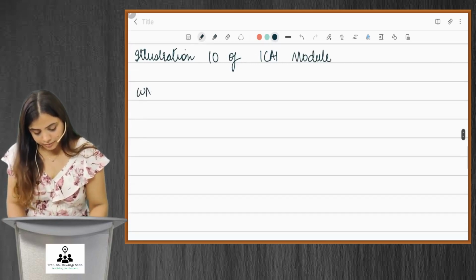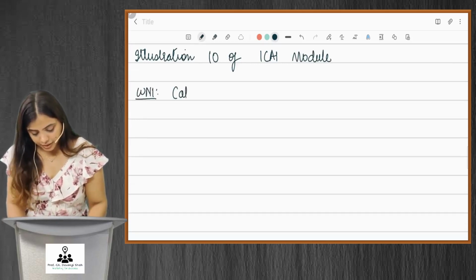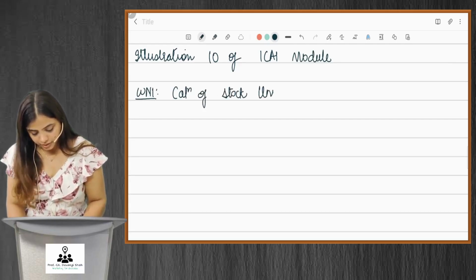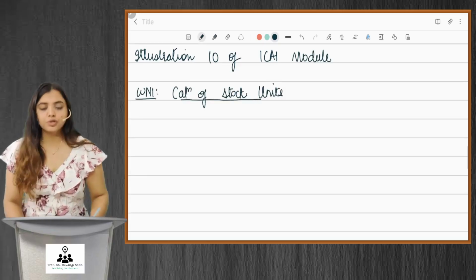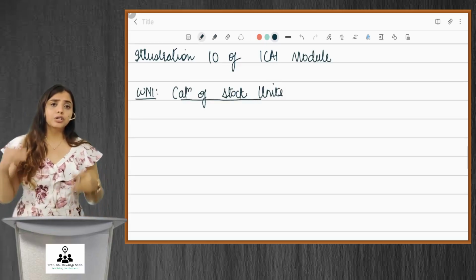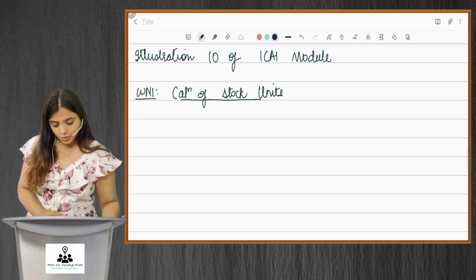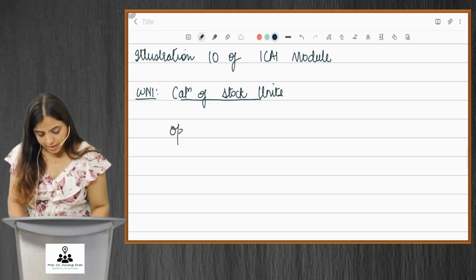Working note 1. Calculation of stock units. Calculation of stock units will be just like you make a working note in your cost sheet to calculate production or sales quantity. You can make it in the same manner.